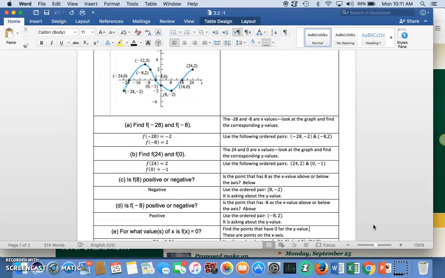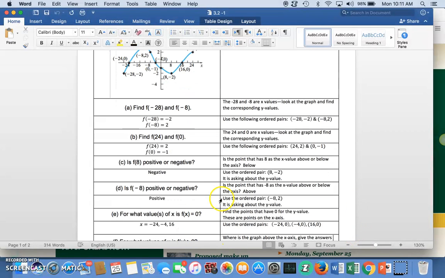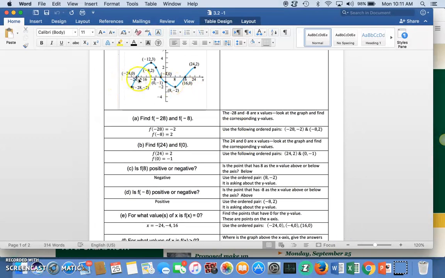And for what values of x does f of x equal 0? What is that referring to? That's where the points are on the x-axis. If f of x equals 0, that means y is 0. So you want these 3 points that fall directly on the x-axis.